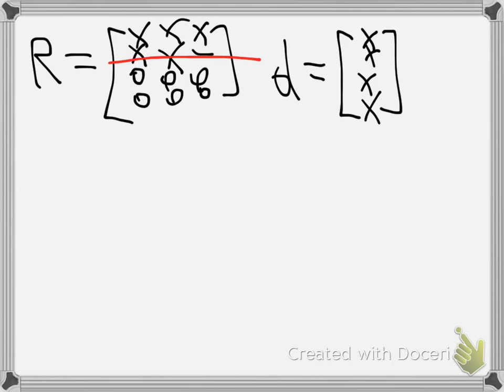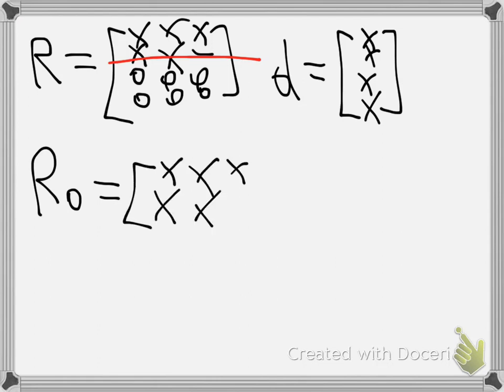And so your matrix R0 is R, but only with the rows where there are non-zero elements. You will also cut D, so you will only take the same number of rows as in R, and that will be defined by D0.